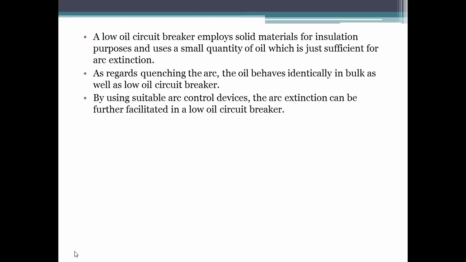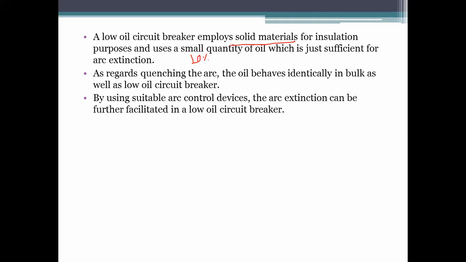Okay, means for the arc extinction only we are using 10% of oil as compared to the bulk oil circuit breakers, and that oil is used for the arc extinction only, and for the insulation purpose we are using solid materials.